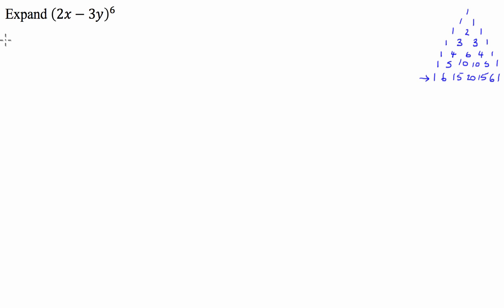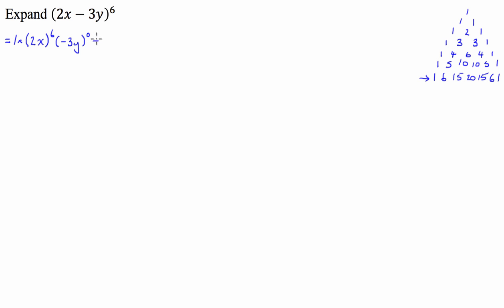So basically how this will expand is this is going to be equal to, we'll start with the first one, so it's 1. I'm going to write everything down. So we've got 1 times, now on the first bracket we've got 2x to the power of 6 times negative 3y to the power of 0, because these two powers have to add up to, you guessed it, 6.